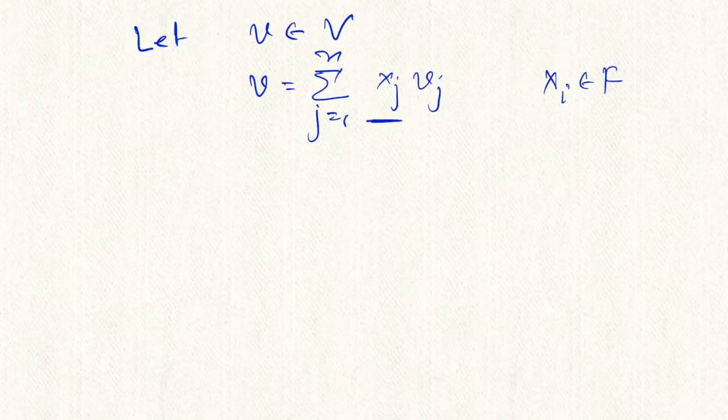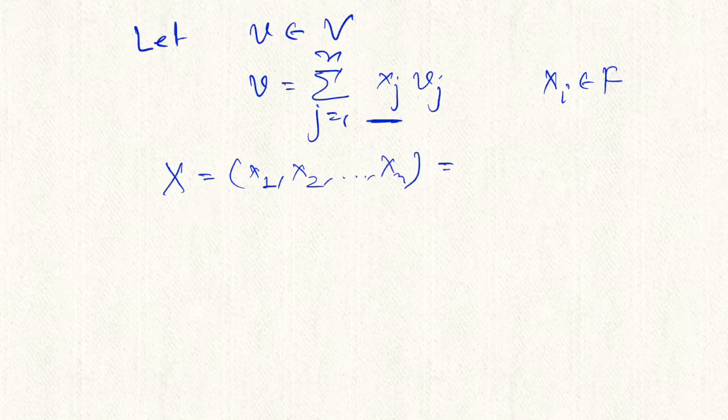Then what are these xj's? You can see that the vector x1, x2, ..., xn is actually the coordinate of v with respect to alpha. Okay.